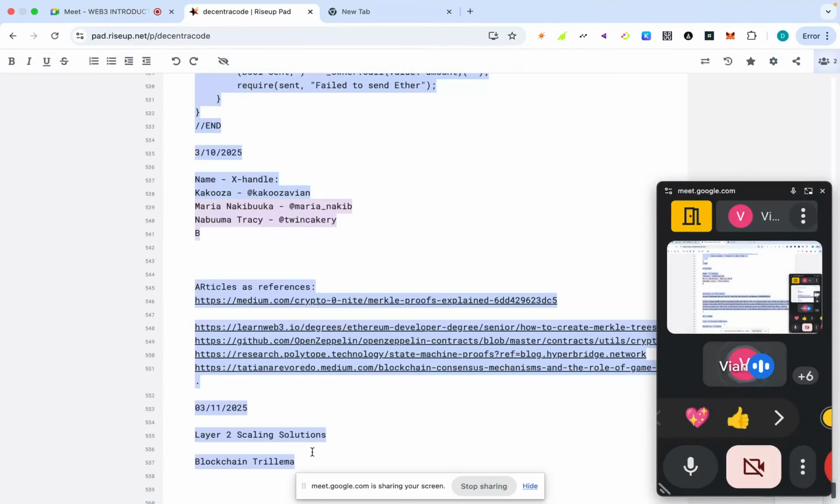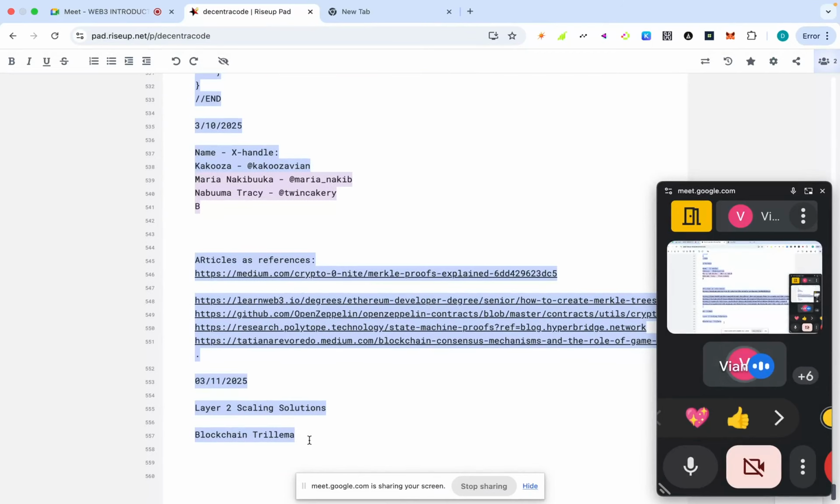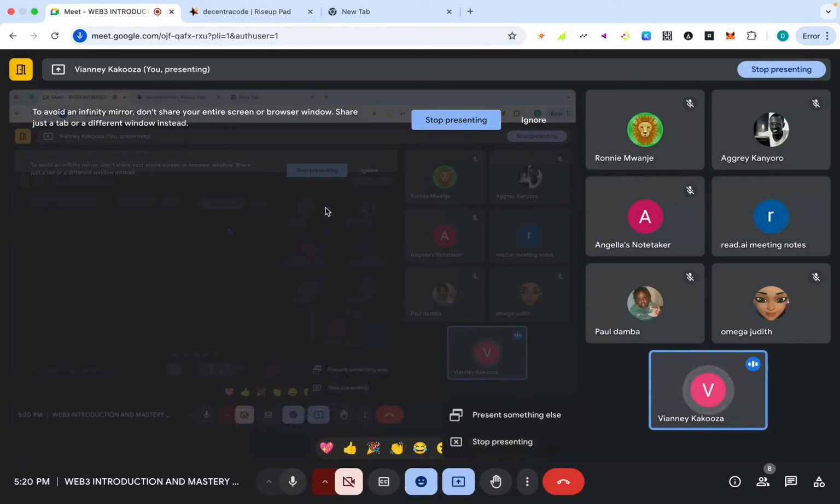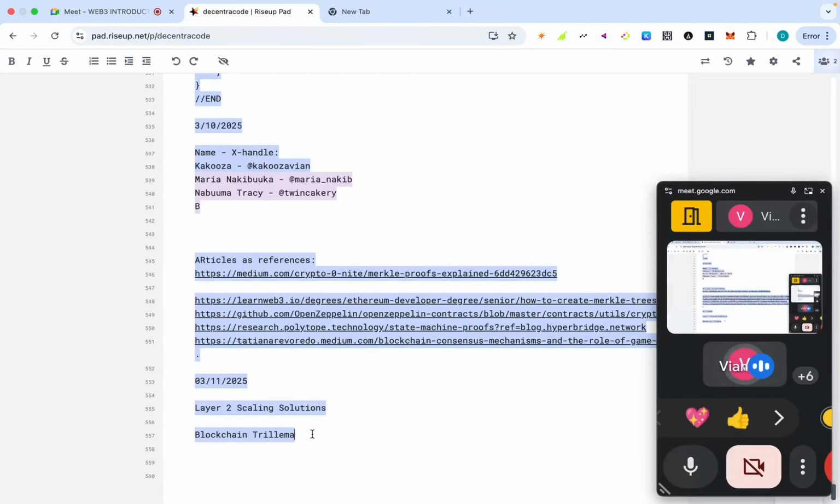Okay. So I'm going to be explaining layer 2 scaling solutions from a concept that I believe we're all familiar with, the concept of the blockchain trilemma. Essentially, it is a combination of challenges that have remained formidable in the blockchain space and that are very difficult to do away with all at the same time.